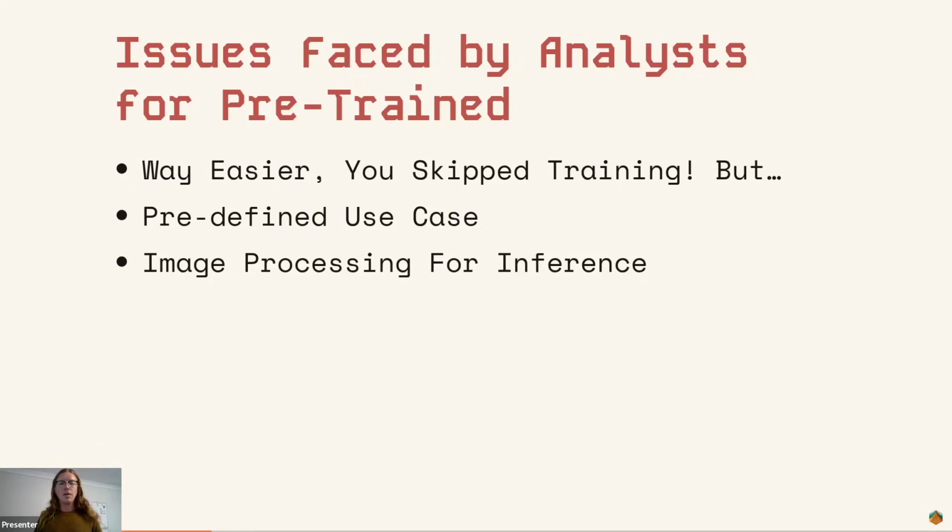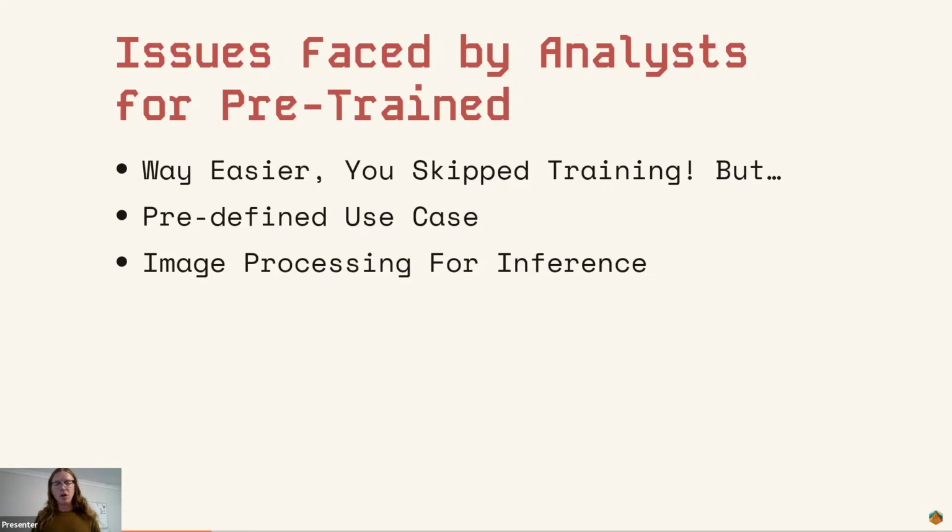So you downloaded a pre-trained model, it says it's really great, it has over 1,000 labels that it's been trained on, but those labels don't exactly fit the need that you're trying to meet. Maybe you're trying to apply this to cats and dogs, and you really just need to know the difference between a cat and a dog.